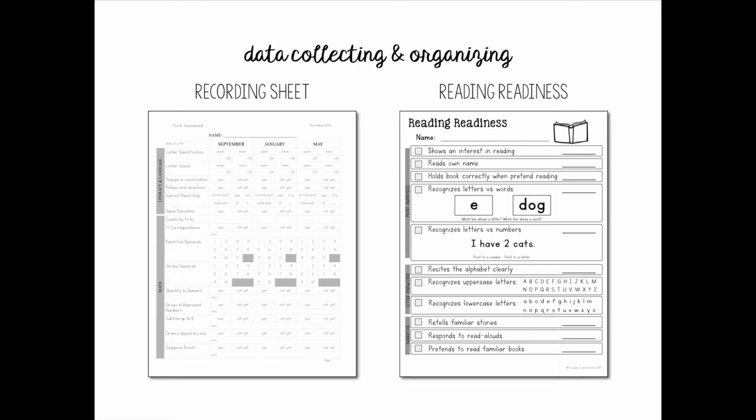And these aren't all things that I'm expecting my children to know by the end of the year, but they are things that we are working towards because I know these things are important for them to have before they can be successful readers. So that is basically what that is. It's just a checklist. Am I seeing these things? How can I bring some awareness to things like rhyming or letters versus words if my students aren't there yet?